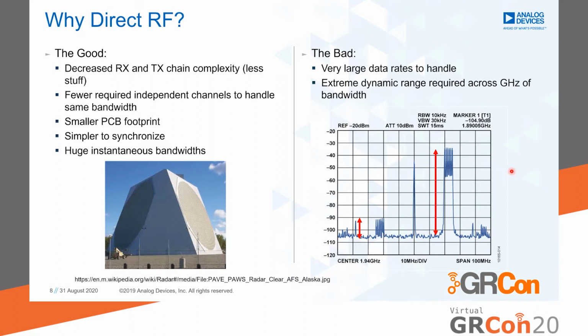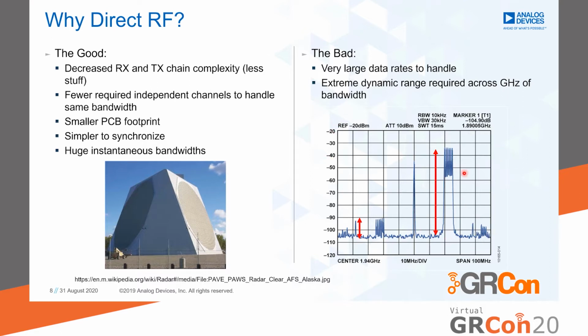Now, the bad side is that you have to be able to handle that kind of data rate. So when you have gigasamples a second coming in, that's a lot of processing power that you need on the back end to handle. And I would say the less commonly known downside to direct RF is the dynamic range requirements. So when you're pulling in gigahertz of bandwidth, we have just a little plot here over frequency range.